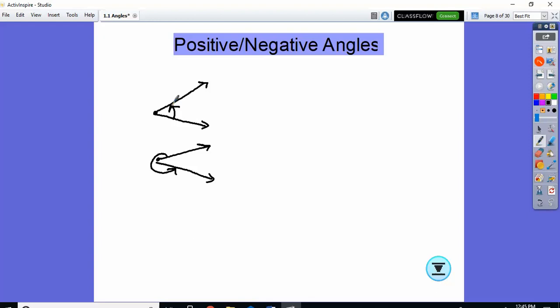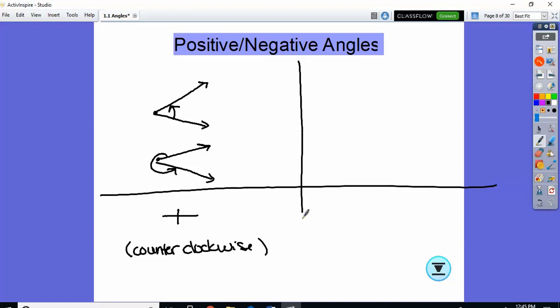Look at that arrow. In both of these, the measure is positive because the arrow spins counterclockwise. So it doesn't matter if it's inside or outside, you're looking at the direction it's turning. Counterclockwise is the positive direction.